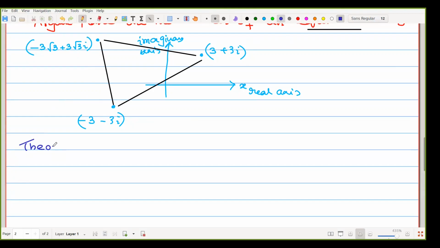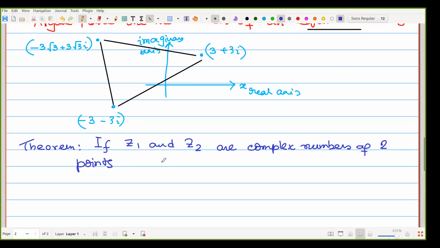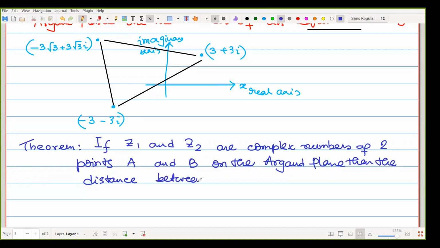The theorem says, if Z1 and Z2 are complex numbers of 2 points such as A and B on the Argand plane, as like here, then the distance between them is given by AB, the distance, is equal to the modulus of Z1 minus Z2.